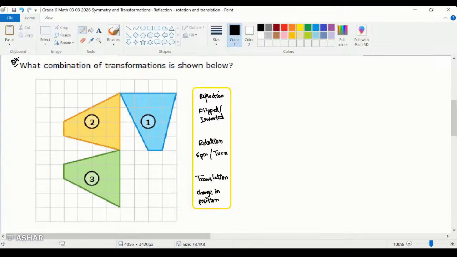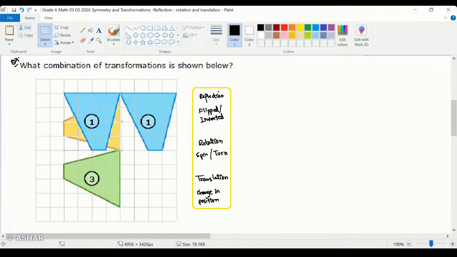So let's see. Shape number 1. When we look at shape number 1, we can say the position is either flipping or turning, right? If shape number 1 had stayed exactly the same, right? If this was shape 1 and it stayed like this, exactly the same, then we say it was a translation.